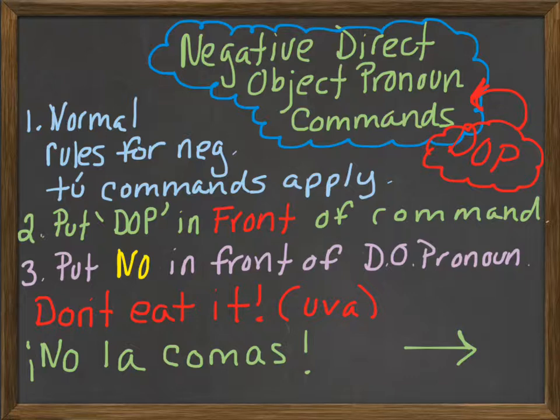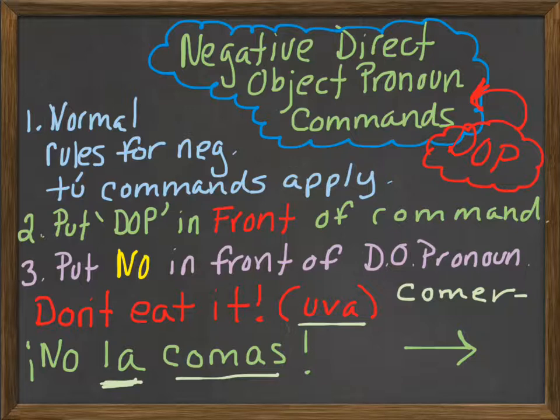Not after it, before it. So if I want to say don't eat it, talking about the grape again, and comer means to eat, my command would be no la comas. Remember, on negative tú commands, the direct object pronoun comes before the negative command.